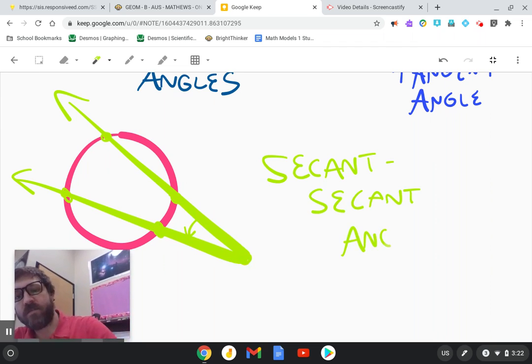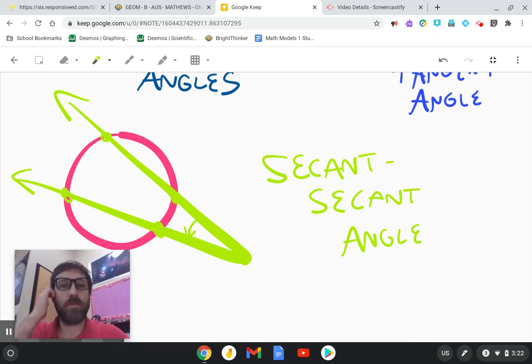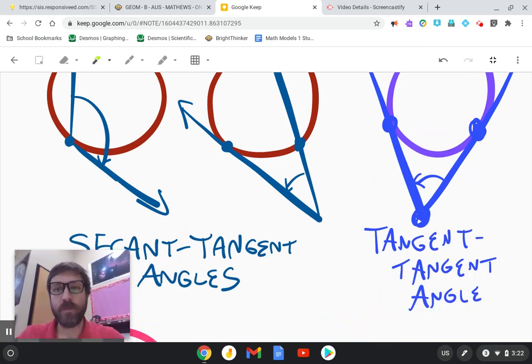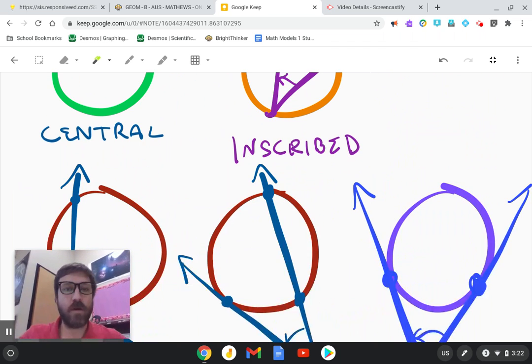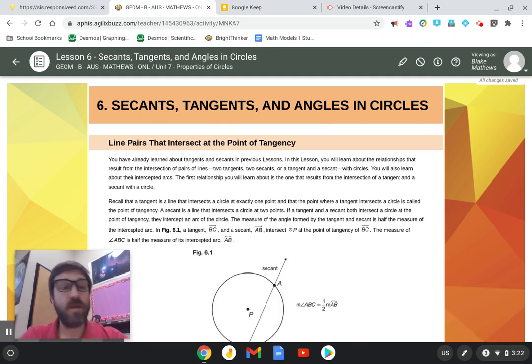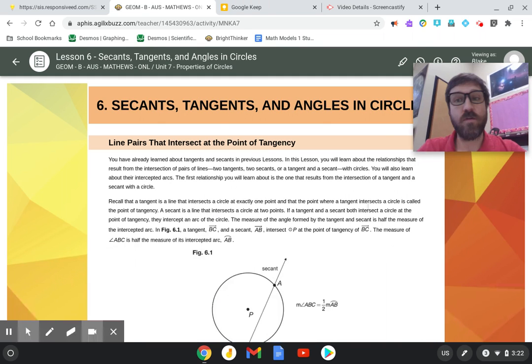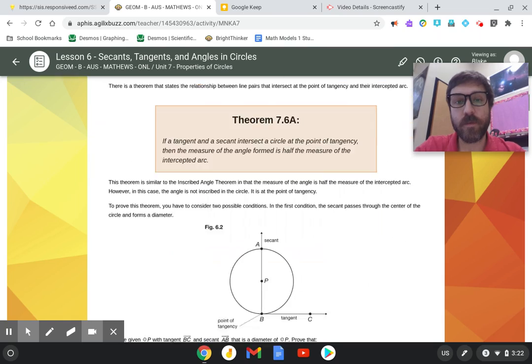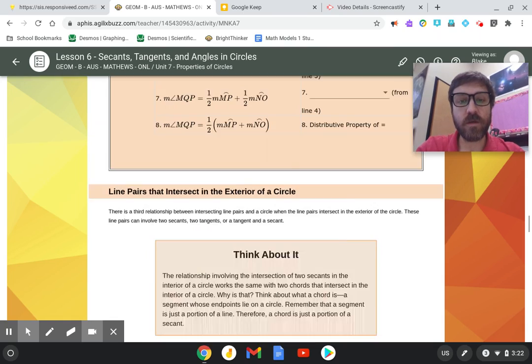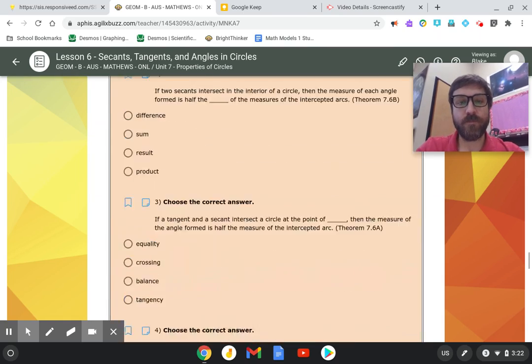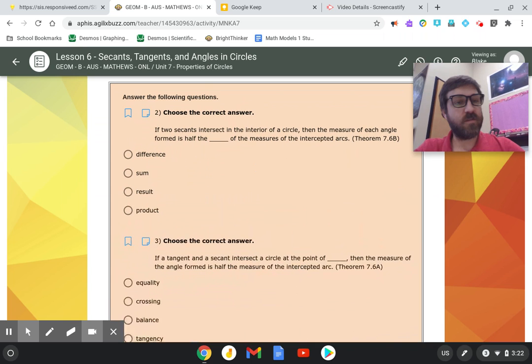So on the test, you're really just responsible for being able to look at a diagram and put it in the correct category. I'm going to put these diagrams in the notes, and that's really what you're responsible for. The rest of this lesson is just going to be me going through the proofs and getting you what you need so that you can move on. And then in the review, I'll tell you more specifically what the questions are going to look like. Looking down here, they ask you some questions.